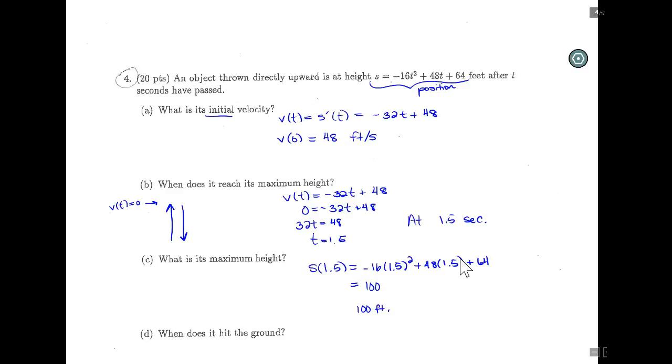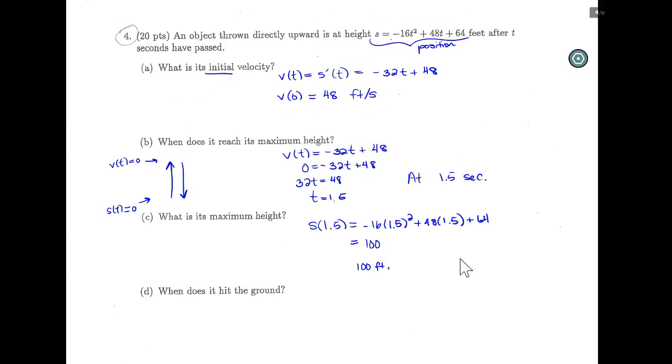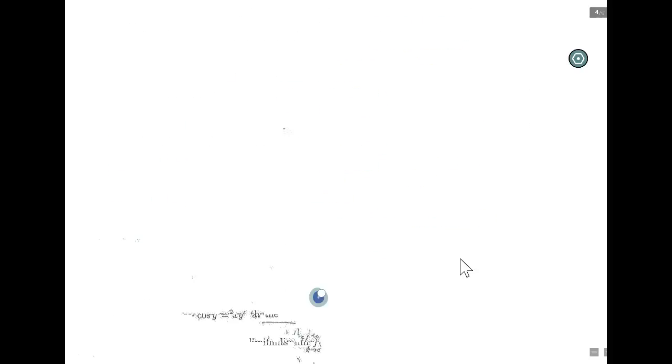When does it hit the ground? Well, imagine, looking back at part B, this is your position. So we know when s of t is equal to 0, it's going to be starting off, and it's also going to be landing. So we're going to take our position function. Oops.